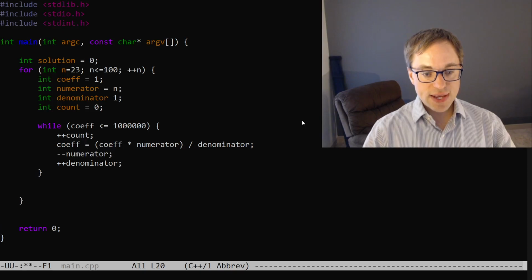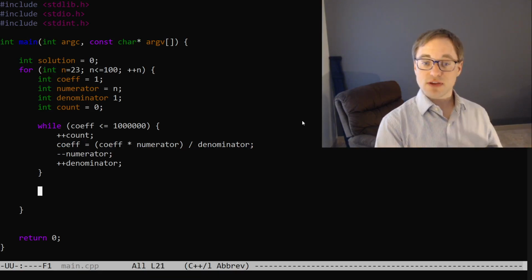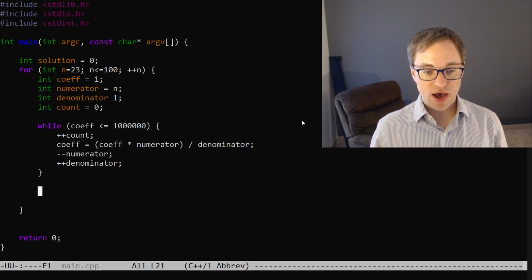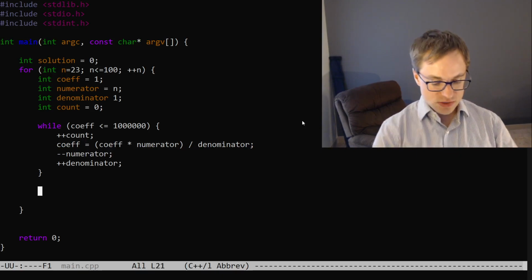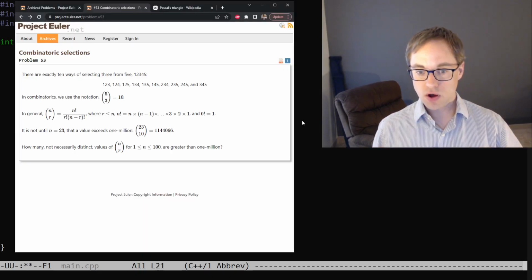and then we'll break out of the loop. And now we need to calculate how many coefficients greater than 1 million there are based on the number of coefficients less than or equal to 1 million that we found. Remember, we need to double our count because the triangle is symmetric on the left and right.